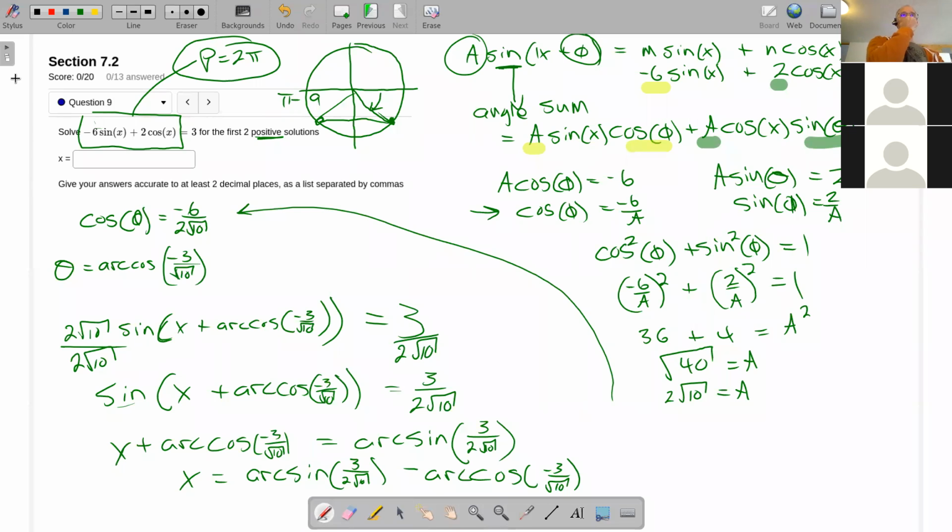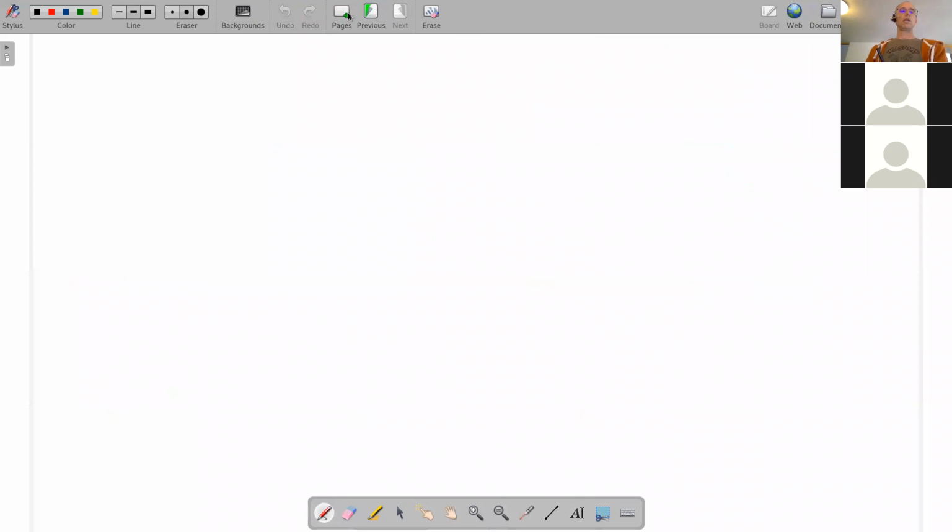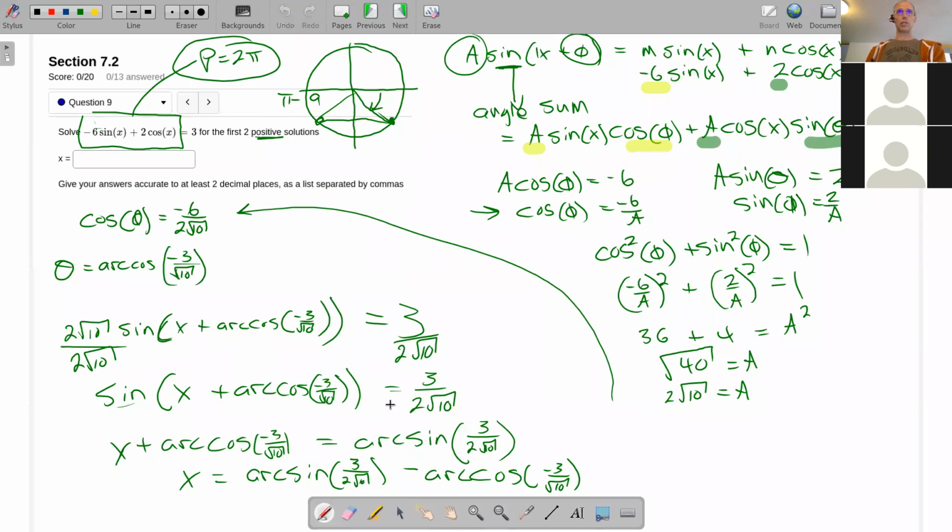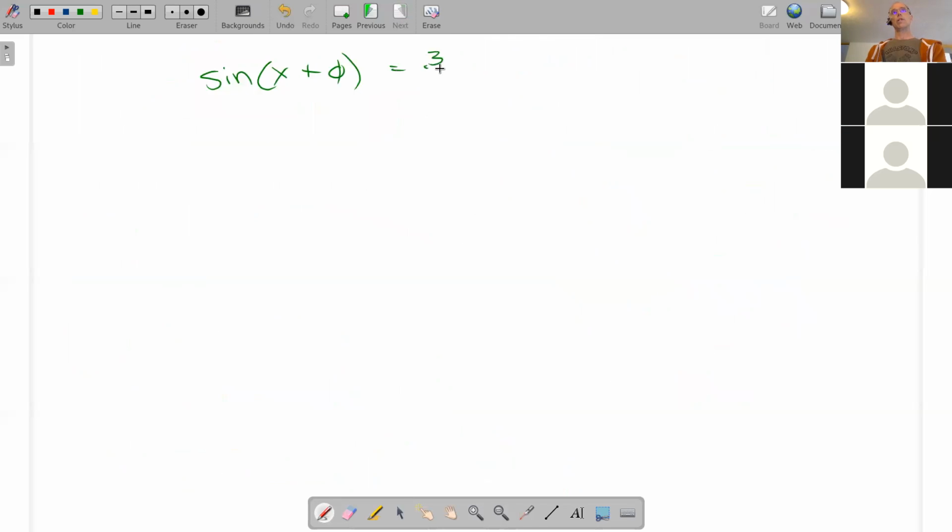No, we should still be okay with a shift. No, the shift throws it off, I see. All right, I'll explain. New page. So I had the sine of x plus, let's just call it phi instead of the arc cosine. And my claim was that was equal to 3 over 2 square root of 10.